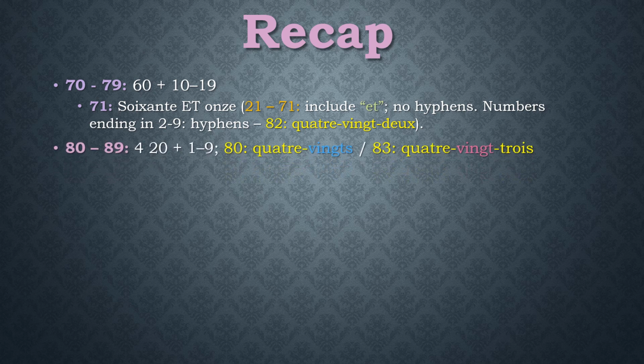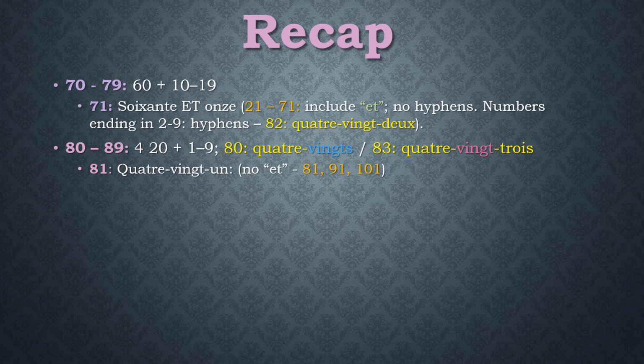80 is quatre-vingts. Four twenties. You just add 1 through 9 to 80 to count from 81 through 89. The number 80 ends in S. 81 through 89 do not. You can see the difference between 80 and 83 here. 81 is quatre-vingt-un.